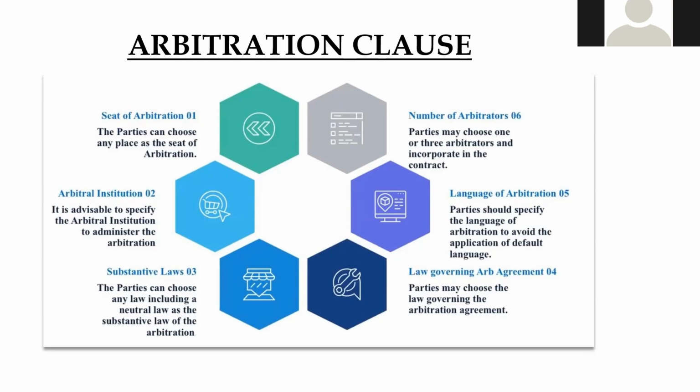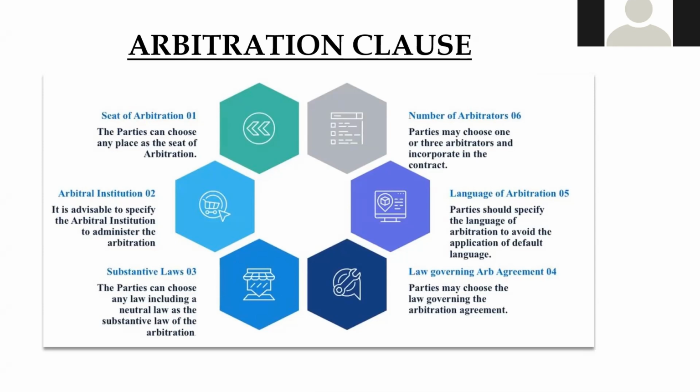I mean, if you have any contract, and if you're about to execute some arbitration agreement, make sure that the number of arbitrators and language of arbitration proceedings are well defined, because though they seem to be a simple thing, this will increase the cost of the proceeding. Because if it is three arbitrators, obviously the fee will be higher than for a sole arbitrator.